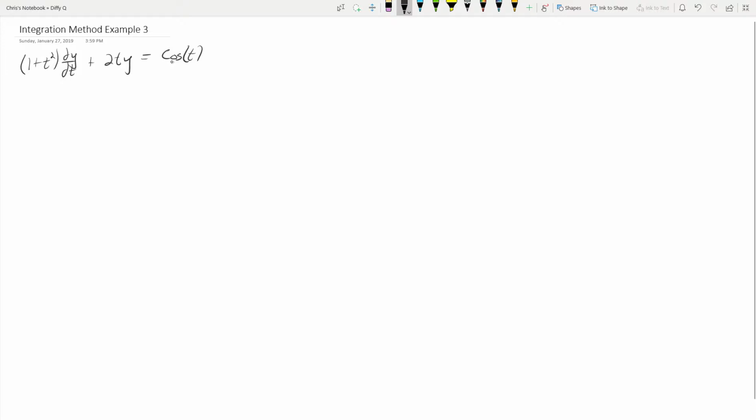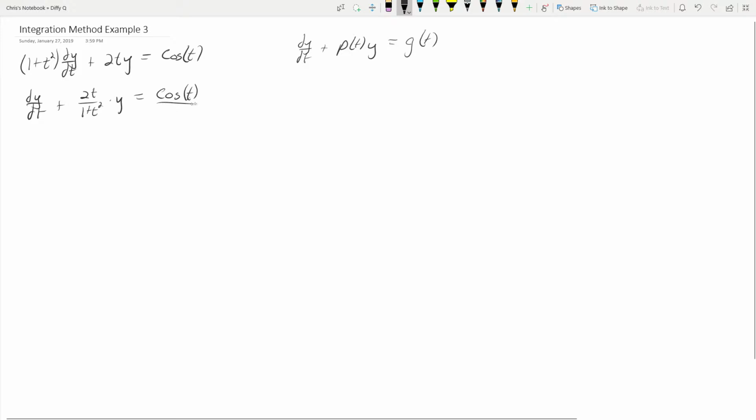So the first thing we want to do is get it into the form that we know, which is dy/dt plus p(t)y is equal to g(t). To do that, we're going to divide by 1 plus t squared. So dy/dt plus, I'm going to separate the y, 2t over 1 plus t squared times y is equal to cosine t divided by 1 plus t squared.